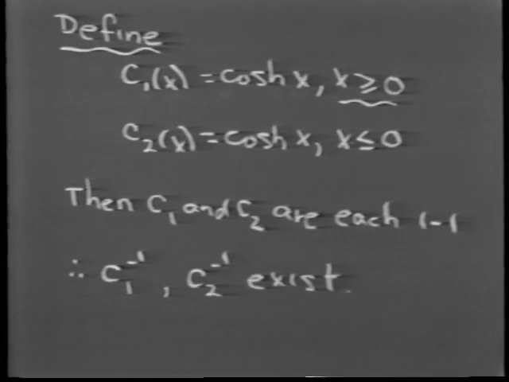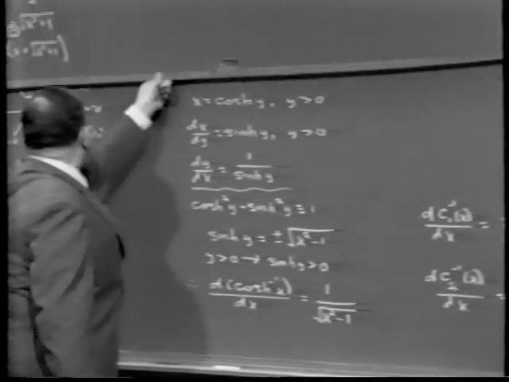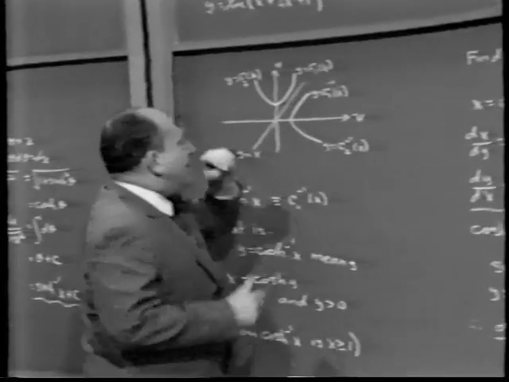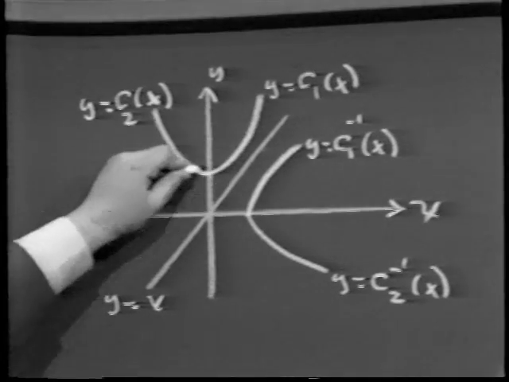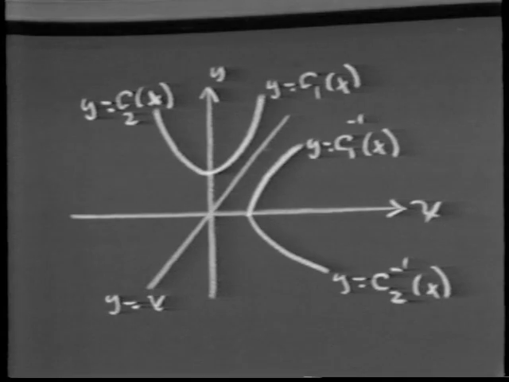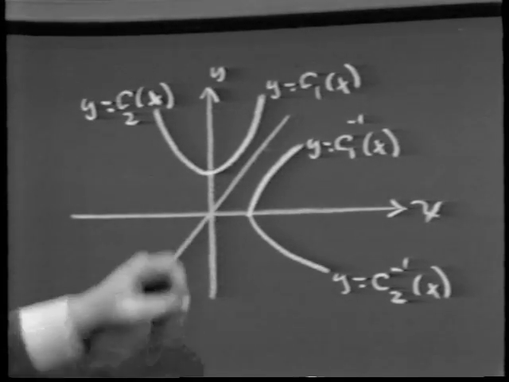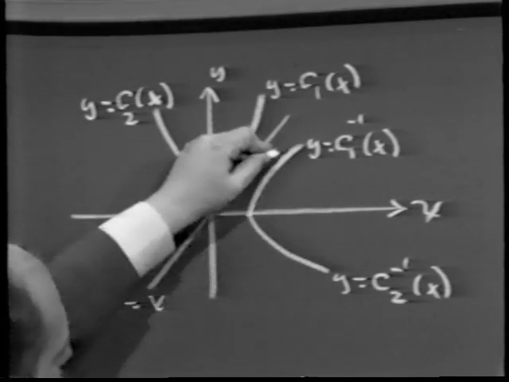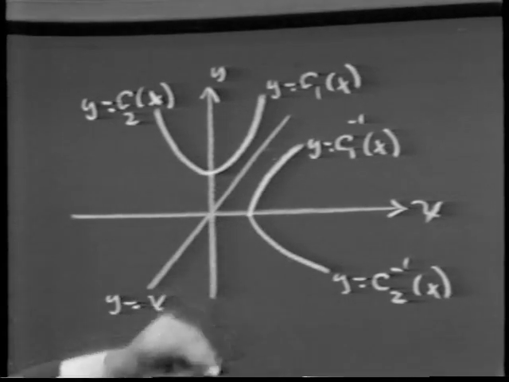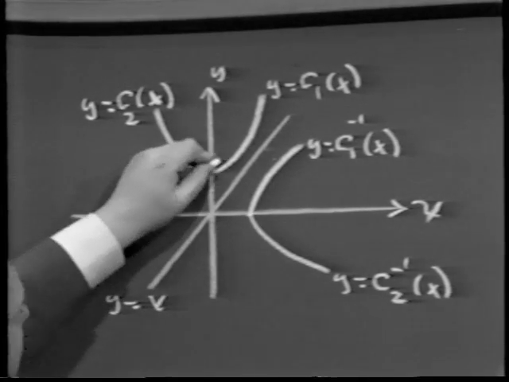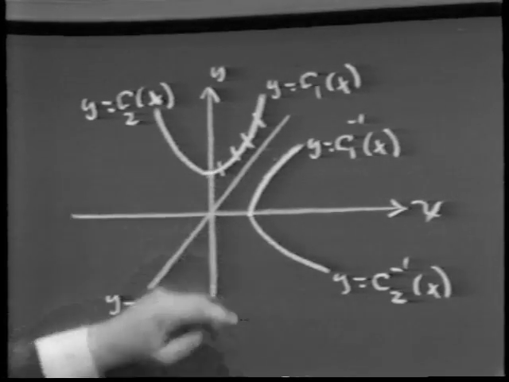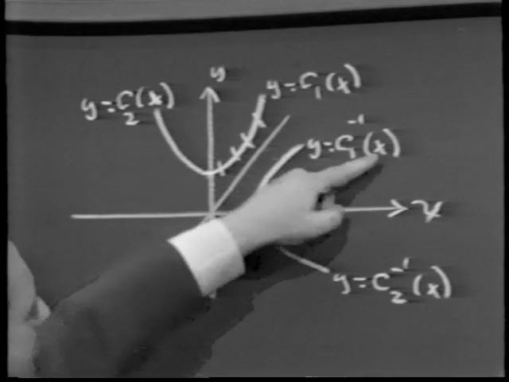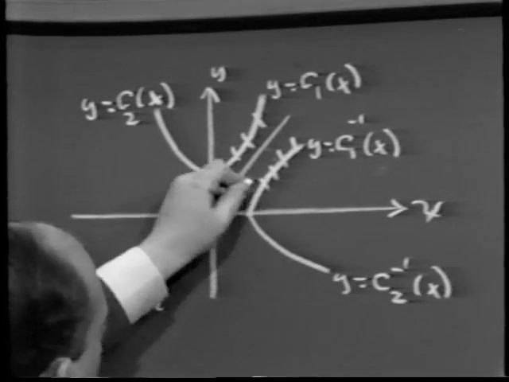In fact, pictorially, what I have is this. If I take the curve y equals cosh x and reflect it about the 45-degree line, this is the curve that I get. You see, it's a double-valued curve. If we look at y equals c1 x, which is a 1-to-1 function, its inverse is c1 inverse x, which is this piece over here.